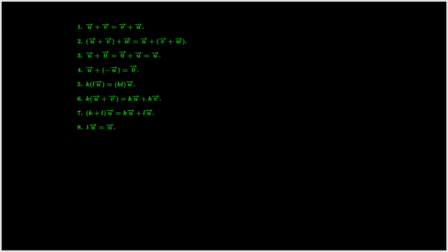Again, the first property, it says vector addition is commutative. The second property says vector addition is associative. I think I spelled this wrong. I said associative. Okay.